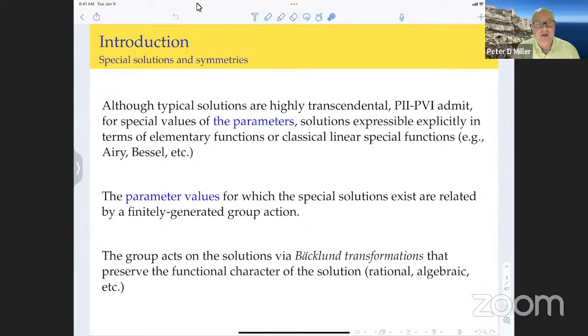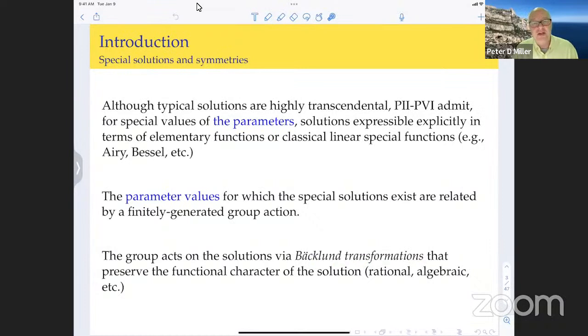And when we think about the values of these constants in the equations for which the special function solutions will exist for a given equation, these parameter values are related by some finitely generated group action, something like a lattice. And at the same time that the parameters are shifted around by the action of this group, the group acts on the solutions themselves via Bäcklund transformations.